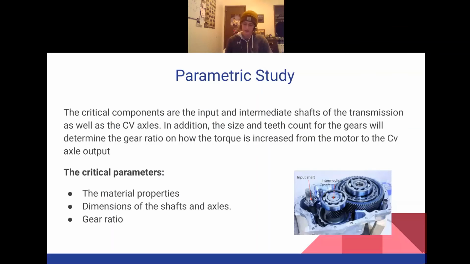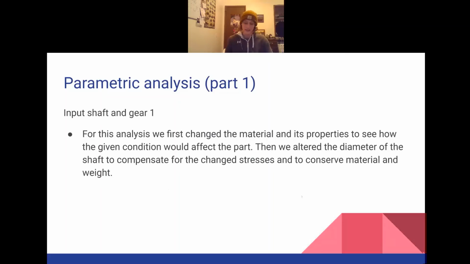If the ratio increased, then the RPM from the motor is reduced while the output torque is proportionally increased, and vice versa. The input shaft was analyzed by changing the material used in the simulation to find an optimal material to use. In our case, S45C heat-treated carbon steel, as it is commonly used in car transmissions and is more machinable than the closest competitor, which will be discussed by Kevin in the following slides.